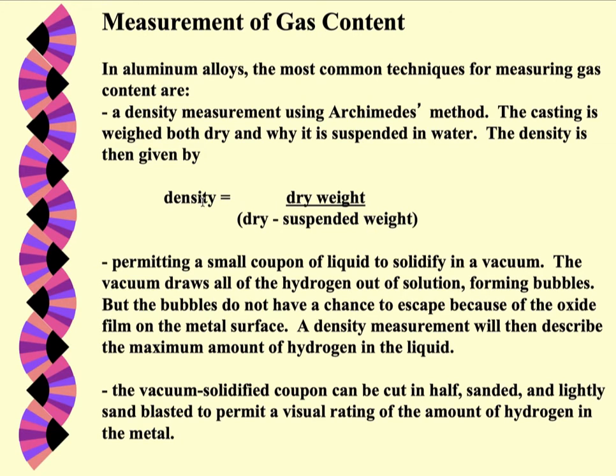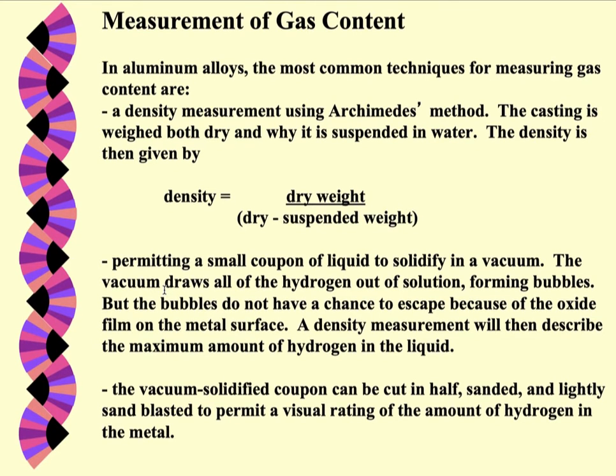So it's mass over volume. So we did this. We put a small little cup there. We put it in the vacuum. It formed bubbles, and those bubbles don't have a chance to escape because it can't get off the surface. So you basically do a density test on it.